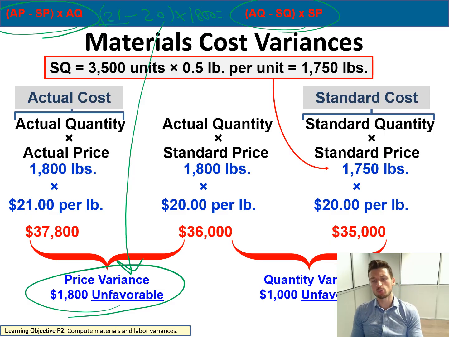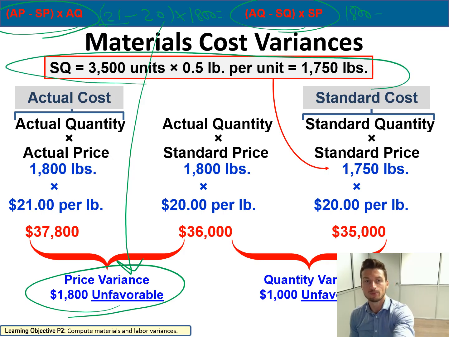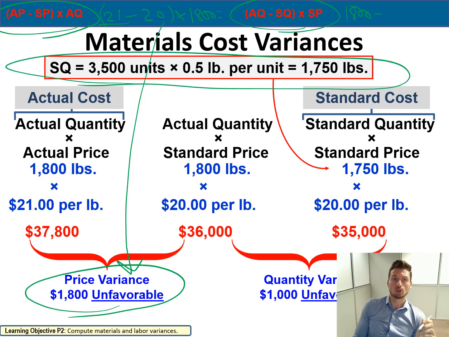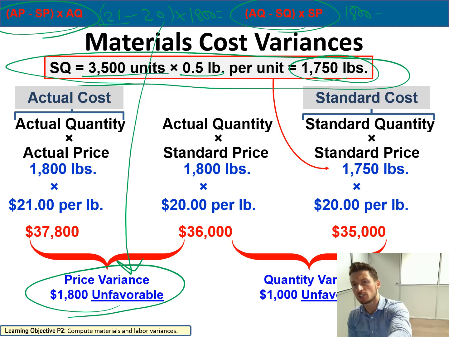Now we're going to do the same for quantity variance. We put actual quantity, which is 1,800. Then we put standard quantity. As I told you, in many cases we need to calculate standard quantity, because it's not given directly. If I produced 3,500 units and each unit requires 0.5 lbs, the standard quantity will be 3,500 times 0.5, which is 1,750 lbs.